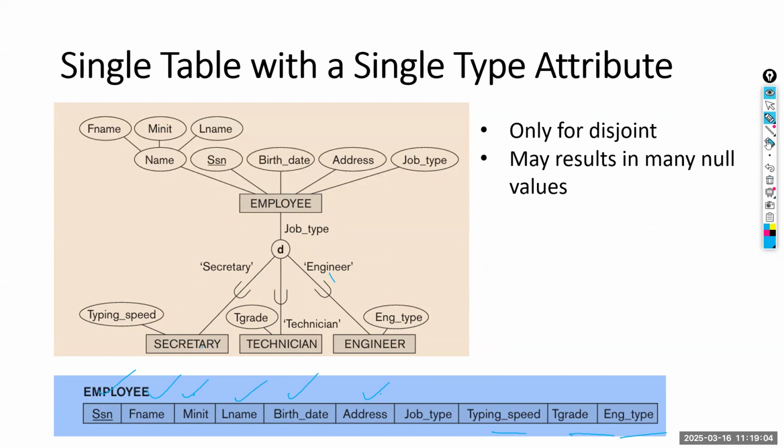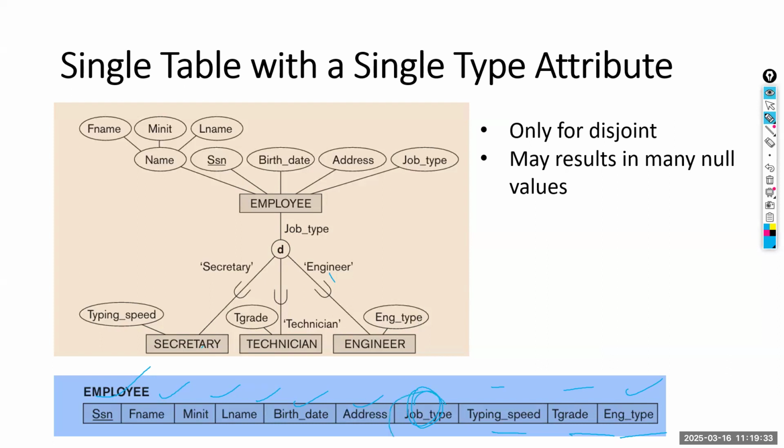Say that employee is a secretary, then this data will be there, and the job type will be secretary, and this field will have the data. And if that employee is an engineer, this data will be there, the job type will be engineer, this field has a value, and this will be null. So you can see whether it's engineer, technician, secretary, or none of these, it works.